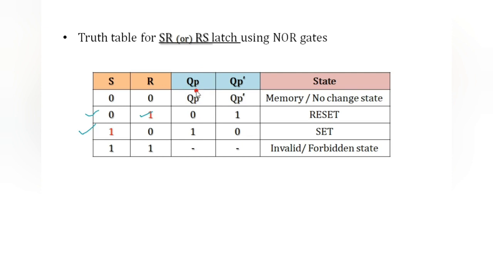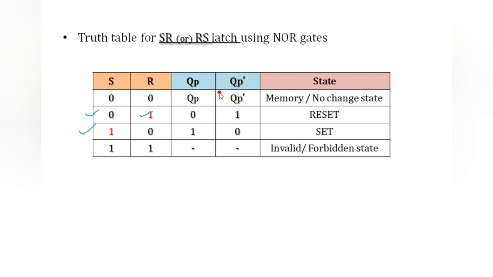So the previous value is stored here. If you use 0, 0 after 0, 1, it results in the same values, that is Q previous and Q previous bar.